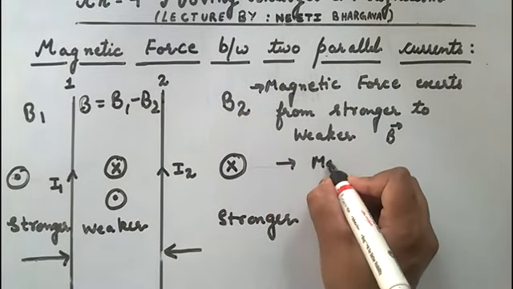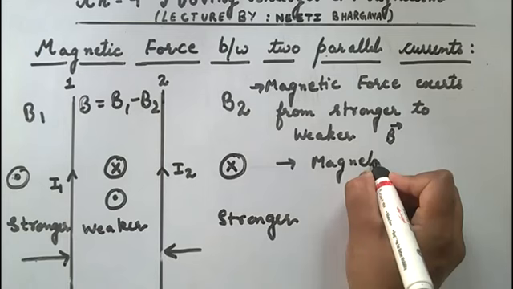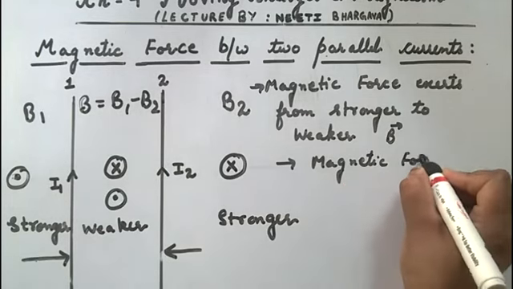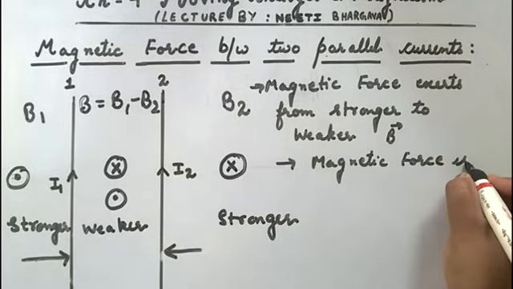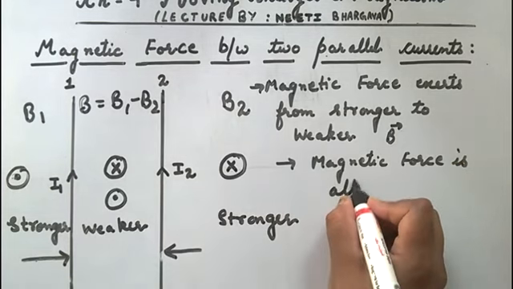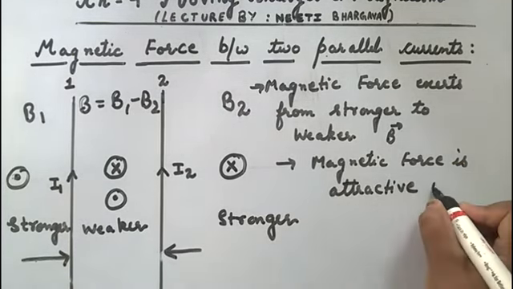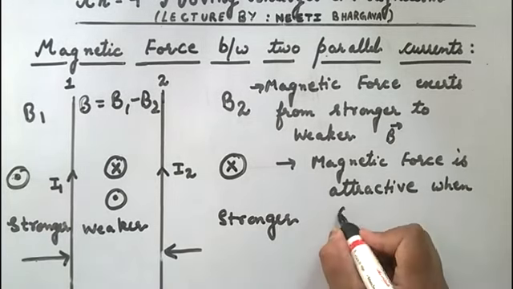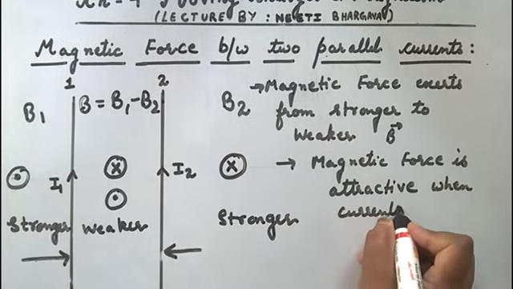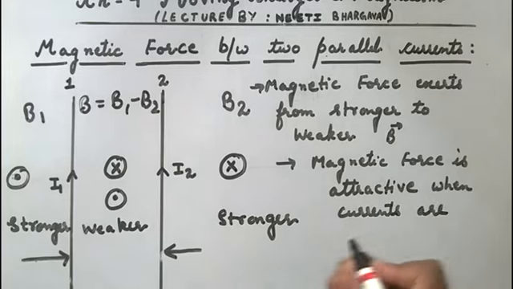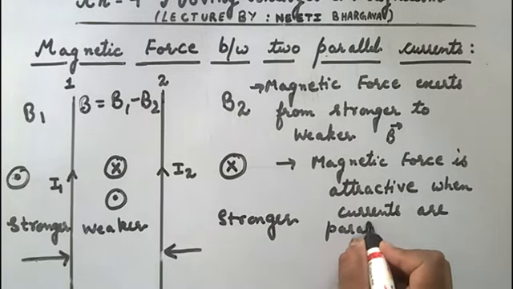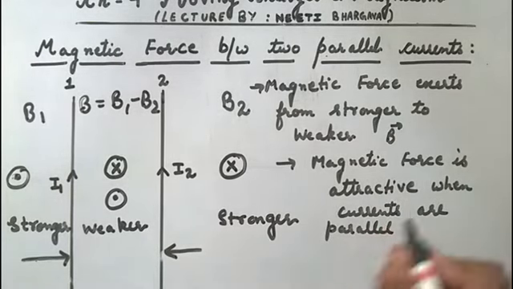Here the magnetic force is attractive, when currents are parallel in both the wires.